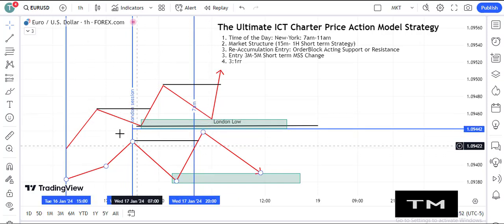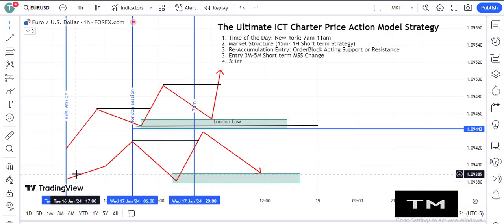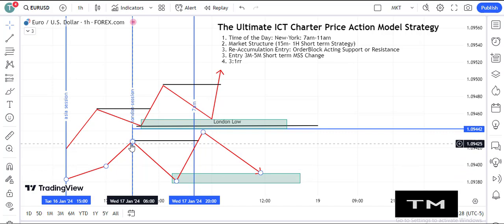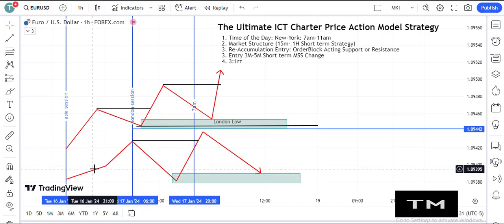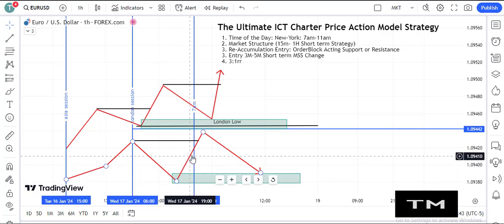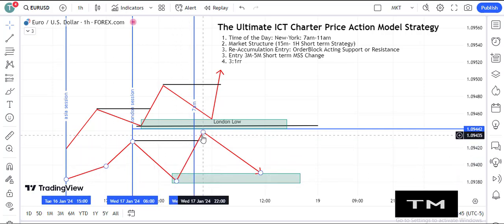And sometimes in this diagram, there are two diagrams here. The first one was that during the Asia session, you notice that price was being bullish. I'm going to give you the example. Immediately price was bullish during the London, it takes out the Asia low, which was this, and it creates an expansion move up.